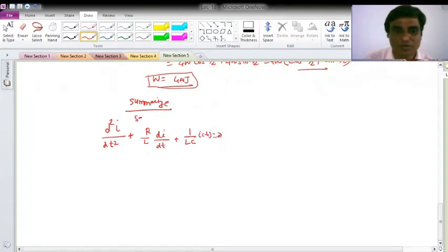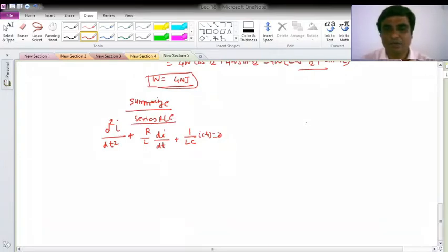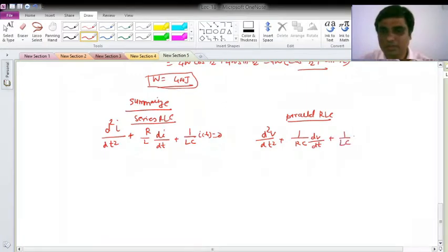And if I write for parallel RLC in terms of node voltage, you will get d2v by dt square plus 1 over RC dv by dt plus 1 over LC v of t. Okay, maybe 0, may not be, that depends on the forcing function.